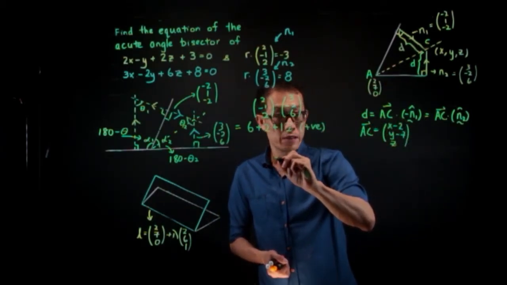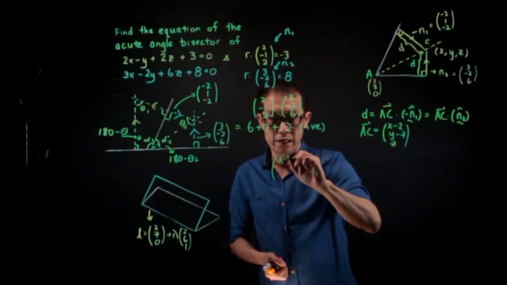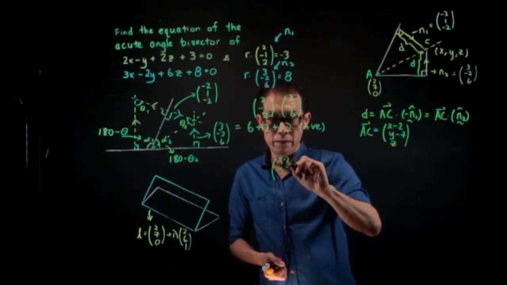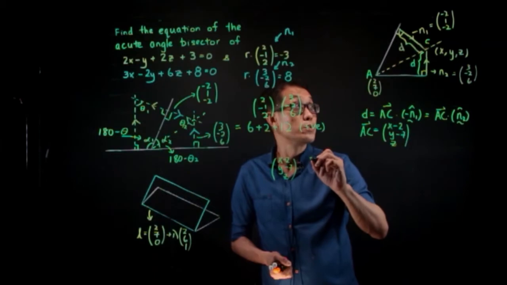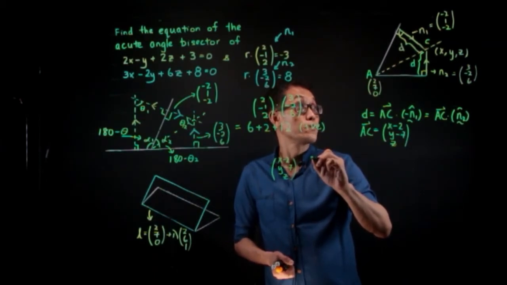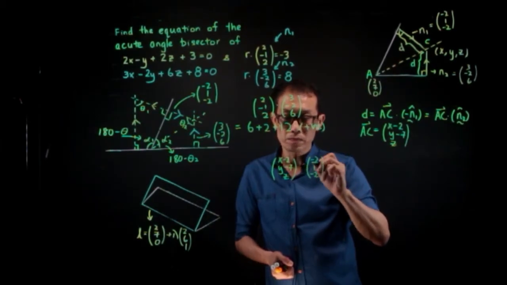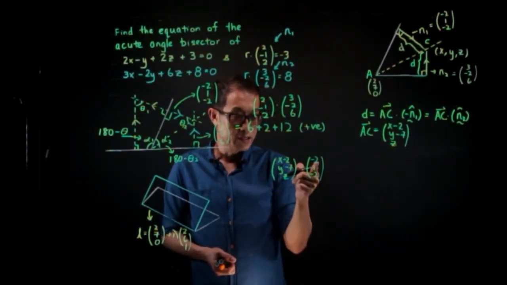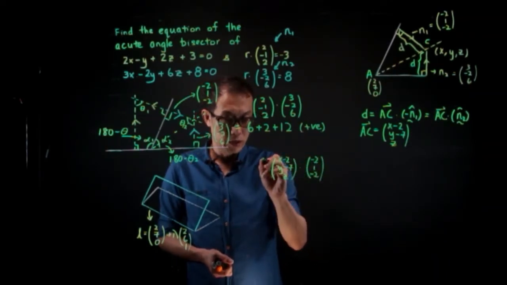That will be (x minus 2, y minus 7, z) dot (minus 2, 1, minus 2). Now, what is the magnitude of this? The square of this is 4, 1, plus 4, then you do a square root, it will be 3.